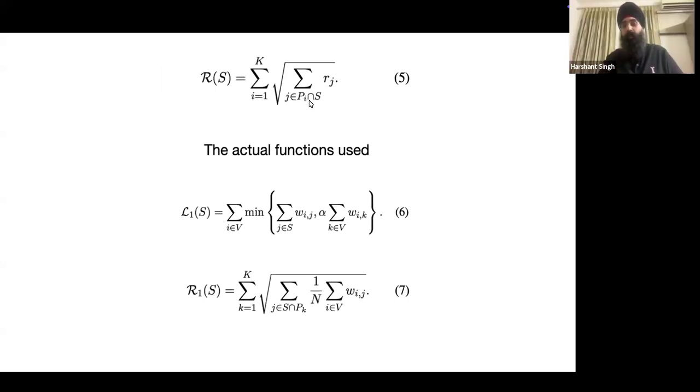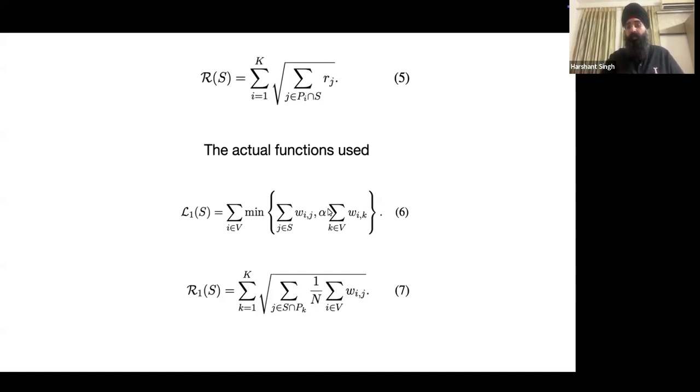So in R, P of i are the clusters that you break it into, and you have a function R which rewards selecting from clusters very economically rather than repeating stuff that is already there.